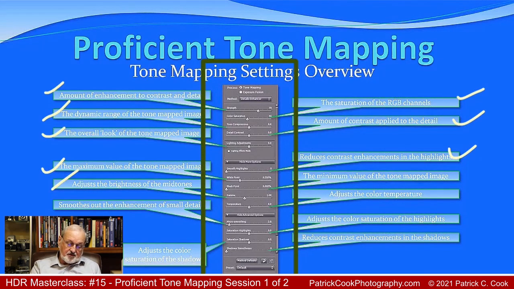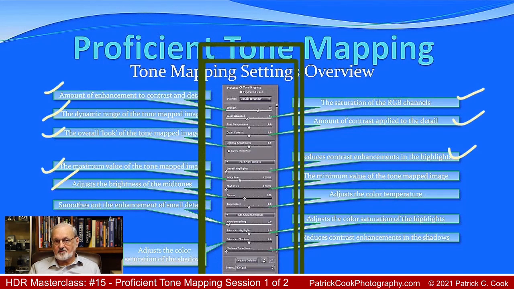The panel that I'm going to be starting with here is the default settings. So we're going to be starting with the Photomatix Pro default, and then we'll talk about each one of these controls. That will give us a good foundation to move forward and get you to a point where you have some sense as to the kind of control that you have over contrast and noise and color and other attributes of your image.